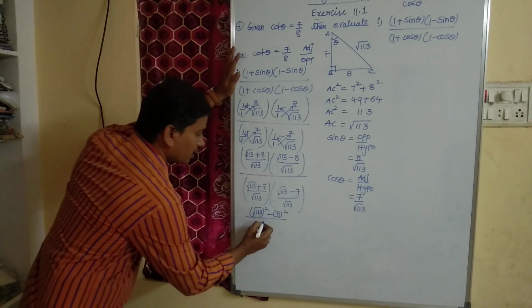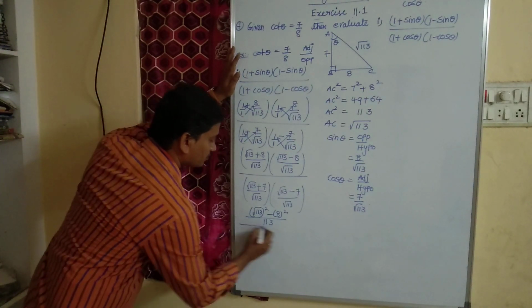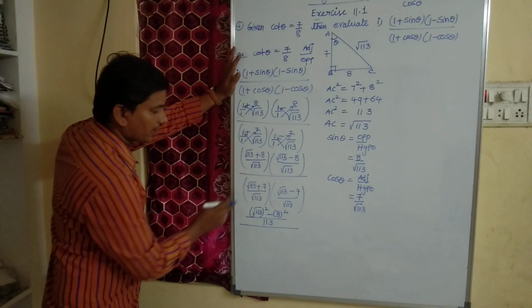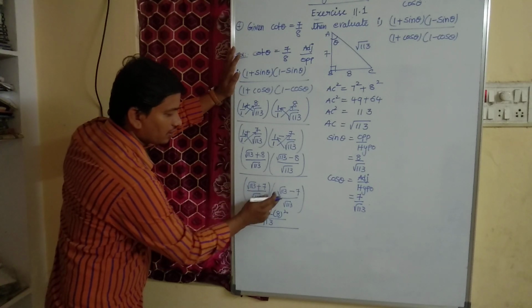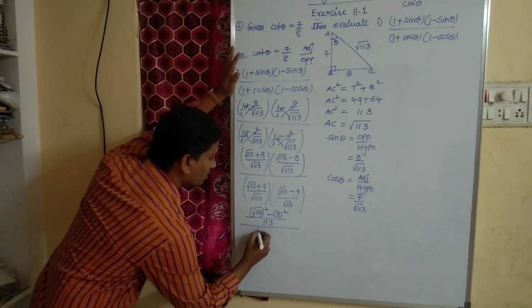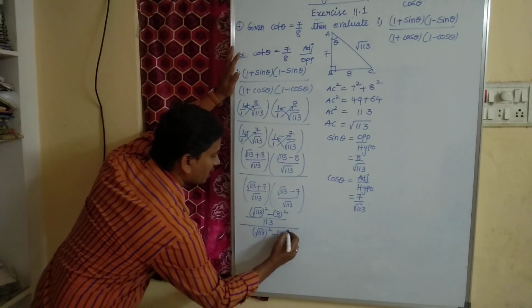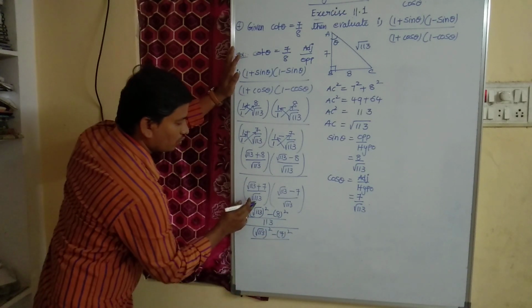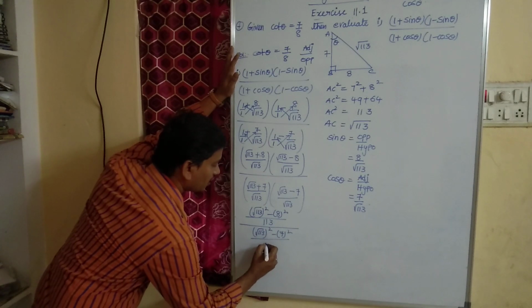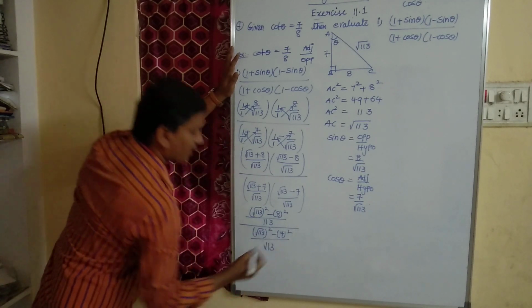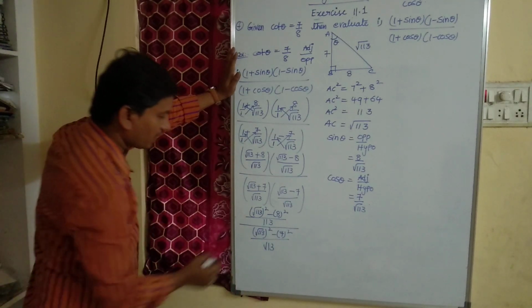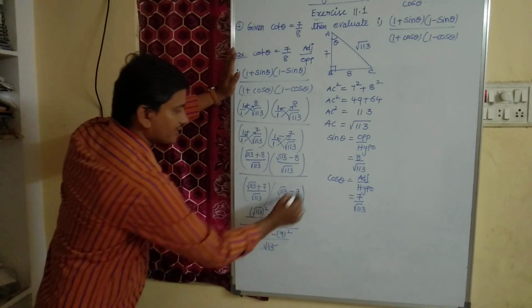Square root cancel, it will become 113. Divided by again root 113 plus 7 into root 113 minus 7, I can write as root 113 whole square minus 7 square divided by root 113 into root 113 whole square. I can write as 113. Okay. Square root gets cancelled.